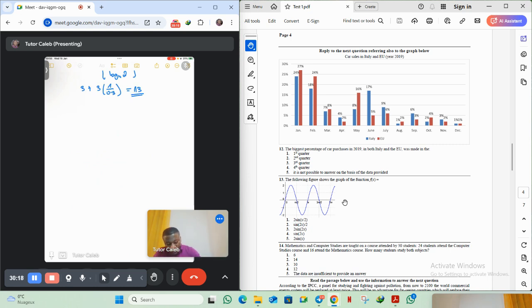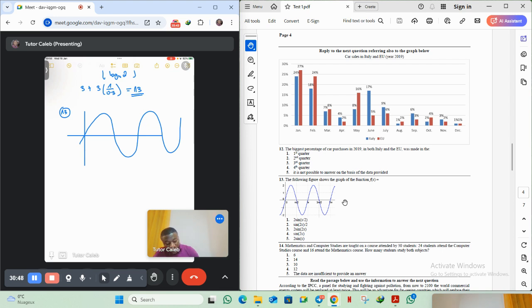Question 13 concerns a function of a trigonometric ratio. So we have here the function of sine. Let's study a little bit the function of sine. I'll draw a little graph here. The sine function begins from 0 and moves up and down just like this.